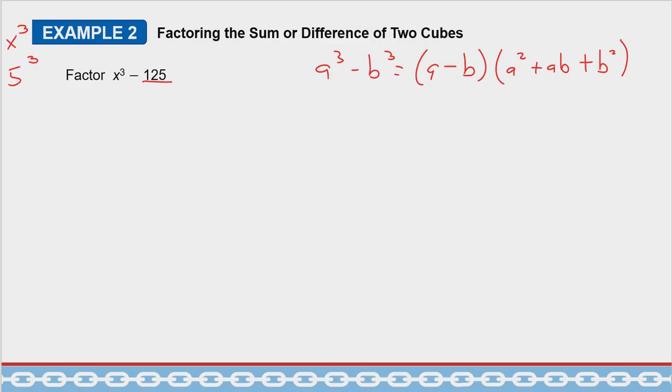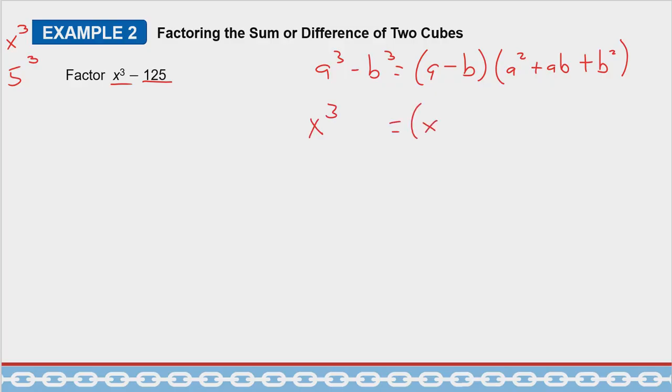People struggle with this concept of a and b. Well, for our first term in x to the third minus 125, what is getting cubed? Well, x is getting cubed. So my a value for all of these over here is going to be x. Anywhere I see an a, I'm going to put an x, right?